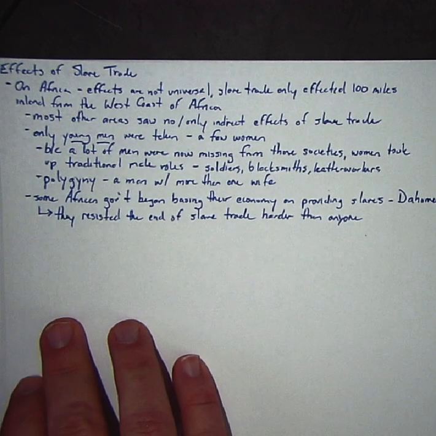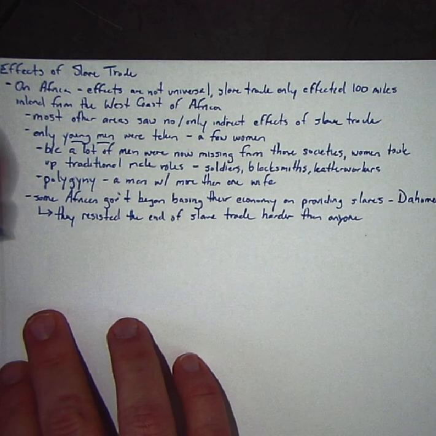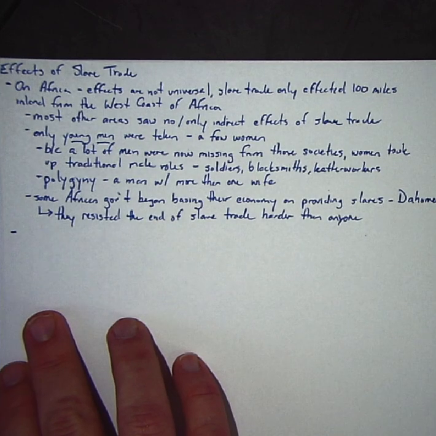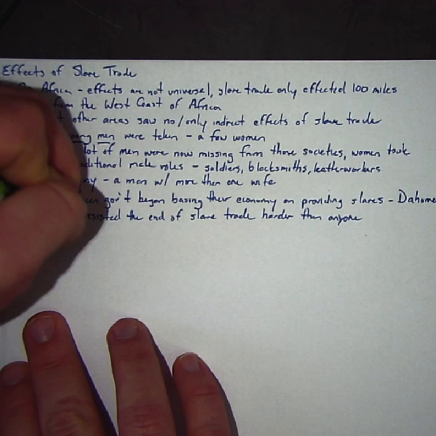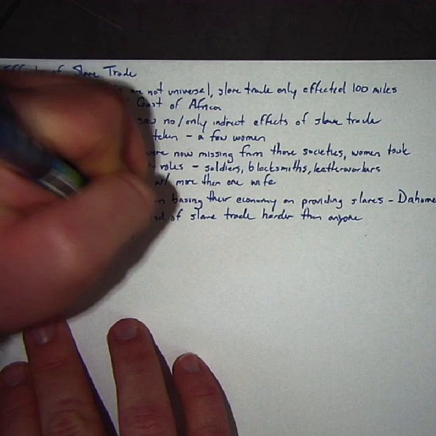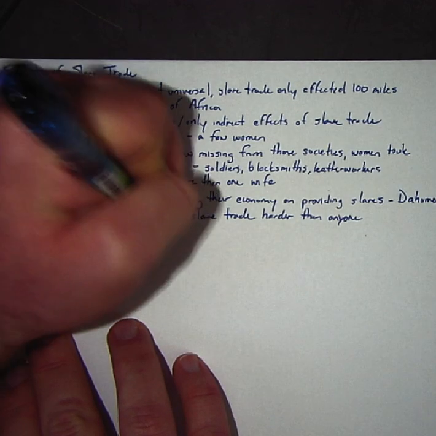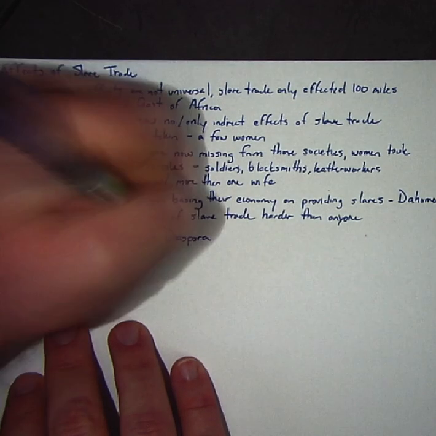Okay, so moving on, taking a brief look at what was going on in Africa because of the slave trade. Another place that we need to pay attention to is the Western Hemisphere. And here we're going to look at the African Diaspora.